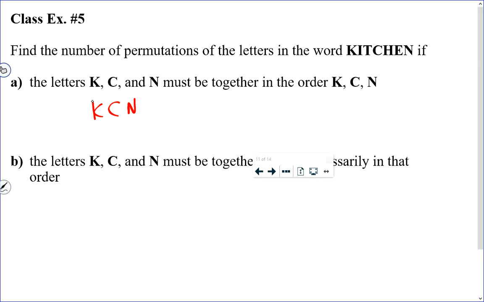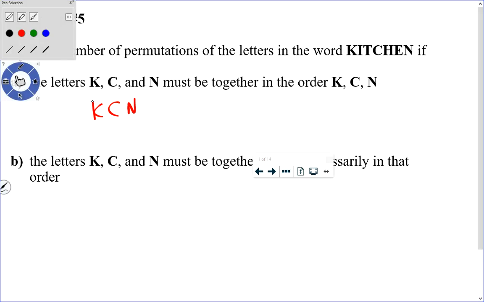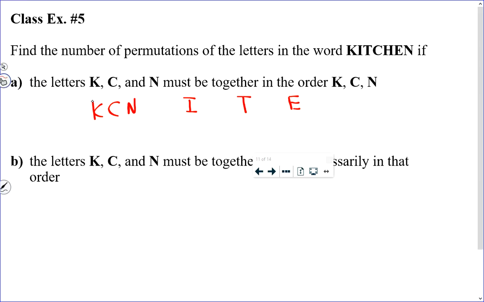I also have an I, a T, whoops, a T. I have an E. Did I get them all? K, I, T, oh, I have an H. So I'm just going to show you how I double check things here. I have 1, 2, 3, 4, 5, 6, 7 letters.